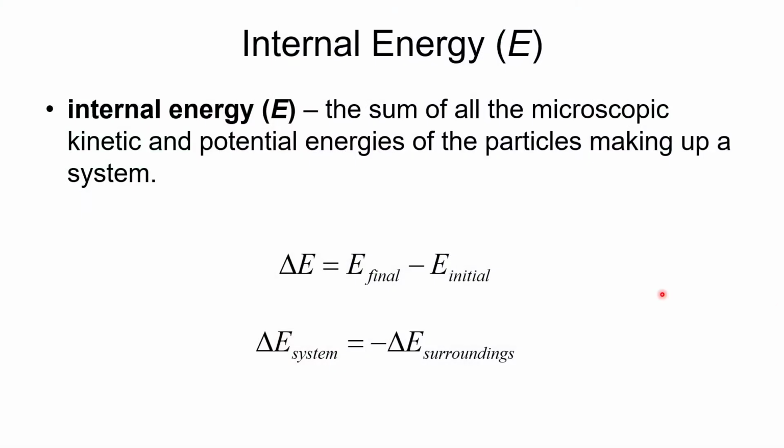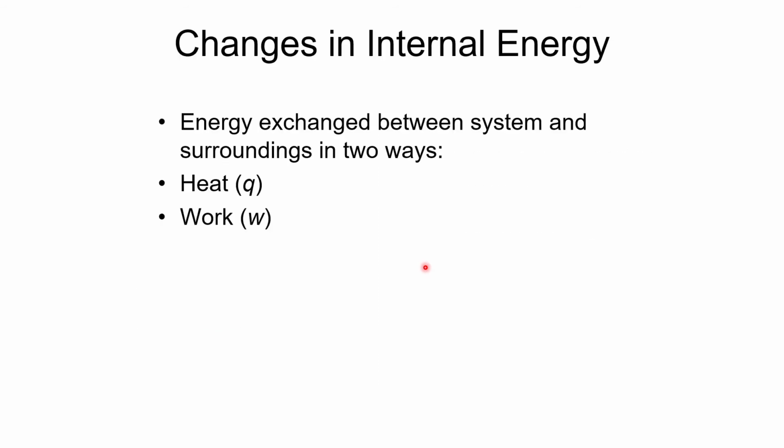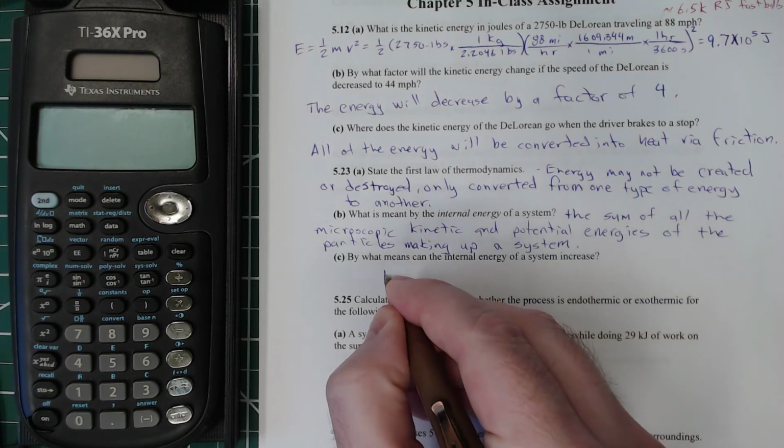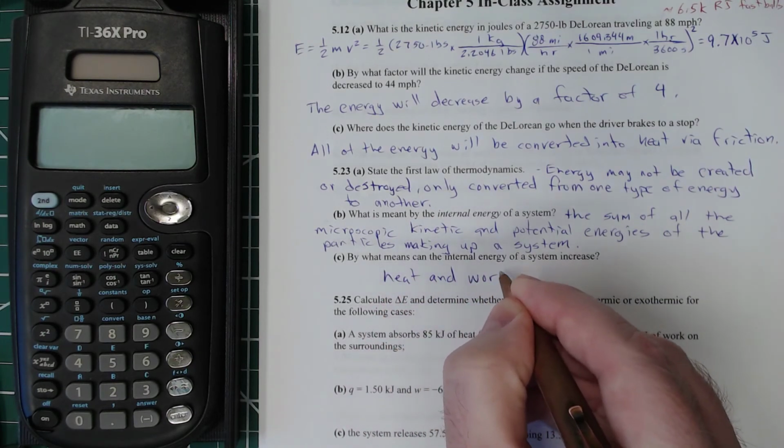Well, internal energy of the system can increase in two ways, and that is by heat and by work. And so we'll go ahead and write that. So heat and work.